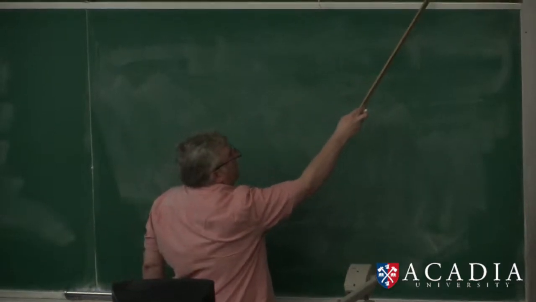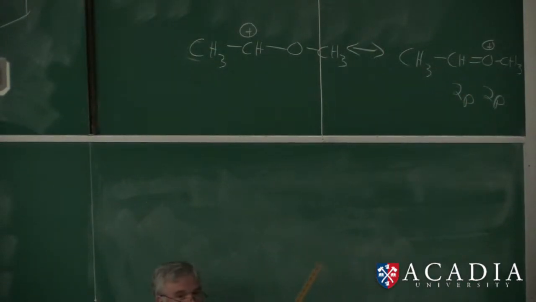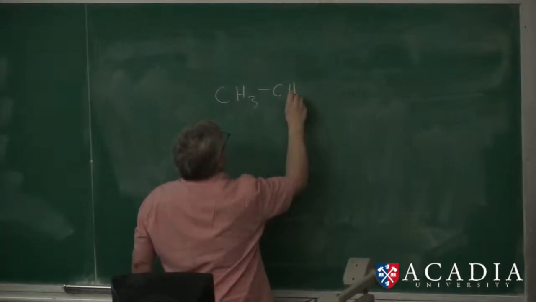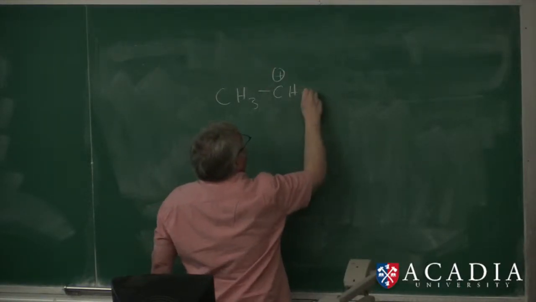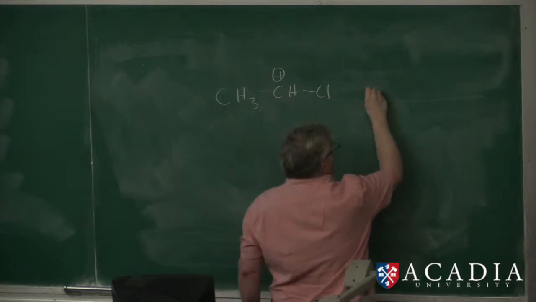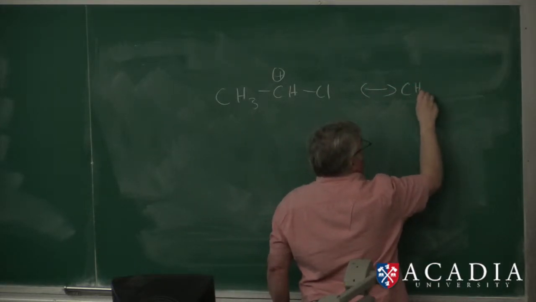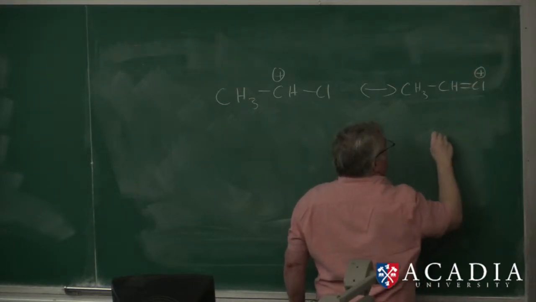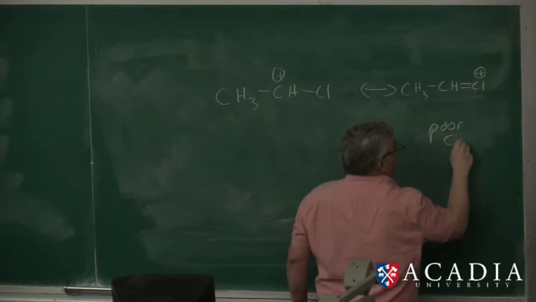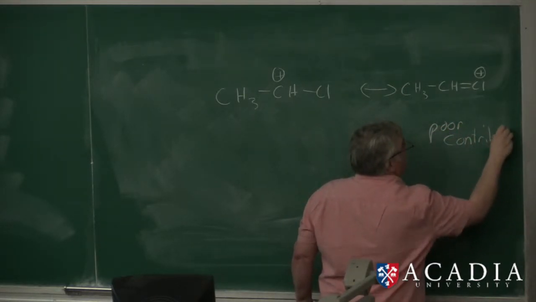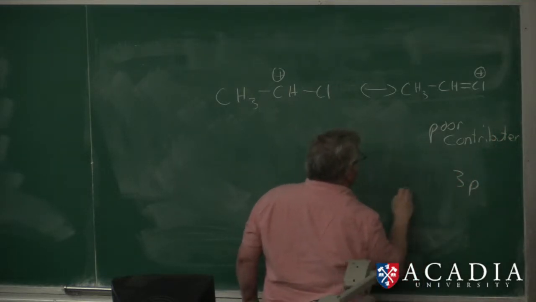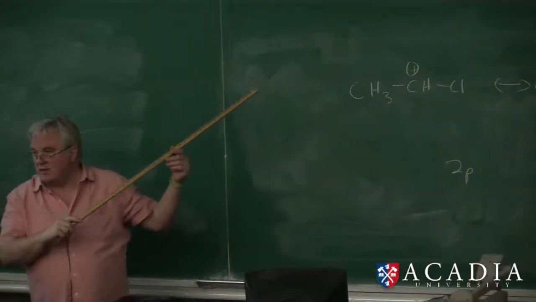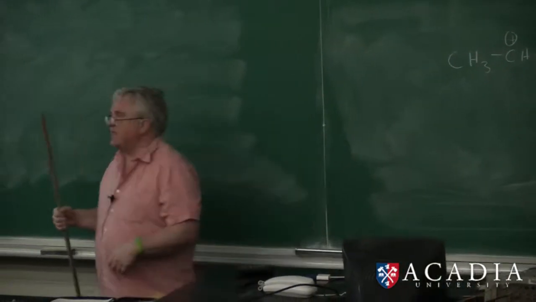And this is a strong contributor. In fact, we talk about this being a very good contributor because we could draw an octet of electrons around it. But if we have something like this, this is a poor contributor because we have 3p and 2p overlap, and the 3p is much higher in energy than the 2p, so we have poor energetic overlap. The same thing happens here.